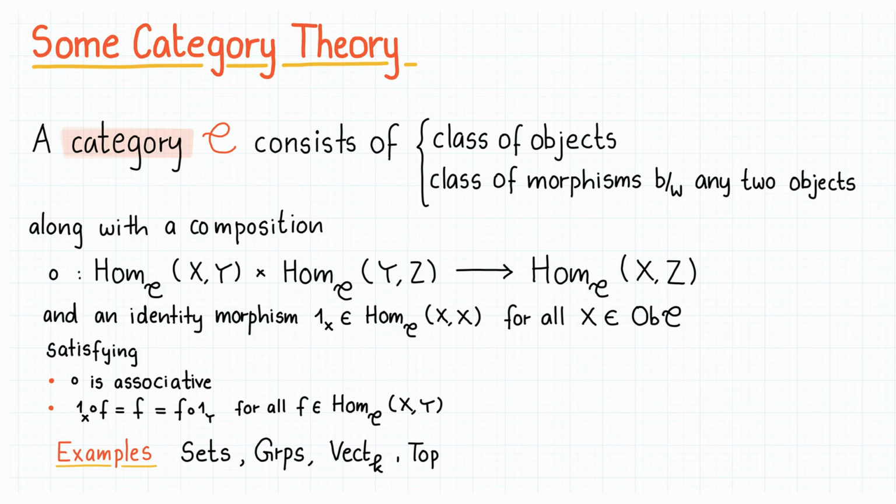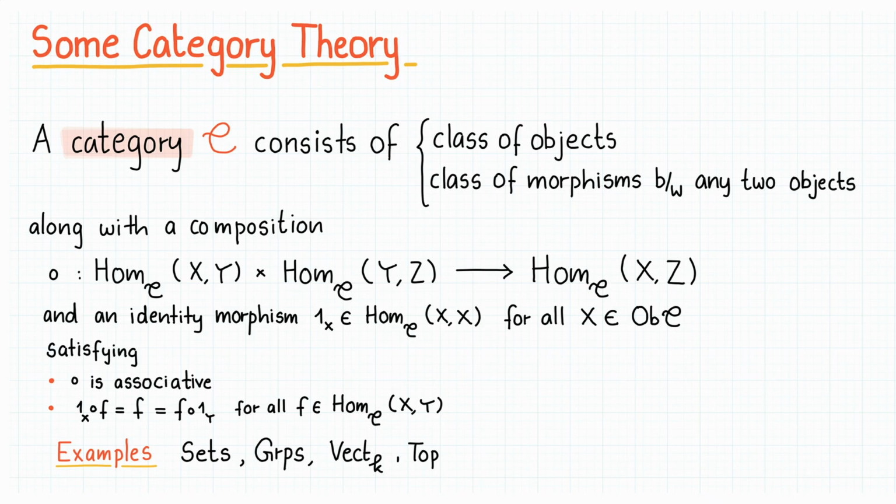Usually in categories, the objects are sets, and for morphisms you would take the appropriate functions. So for instance, if your category is groups, then the objects would be groups, and morphisms would be group homomorphisms. Or vector spaces: objects would be vector spaces over the field K, and morphisms would be linear morphisms. And Top is the category of topological spaces with morphisms being continuous maps.